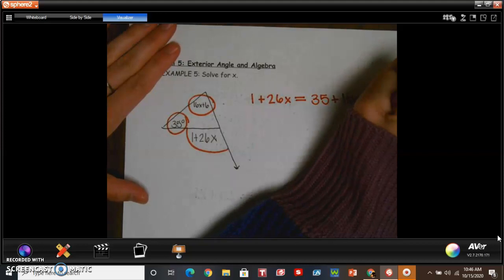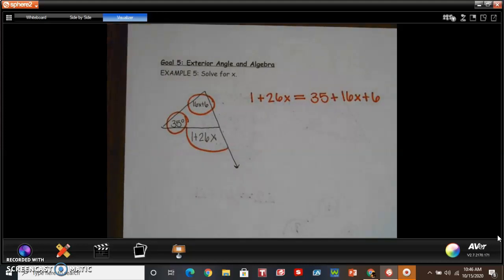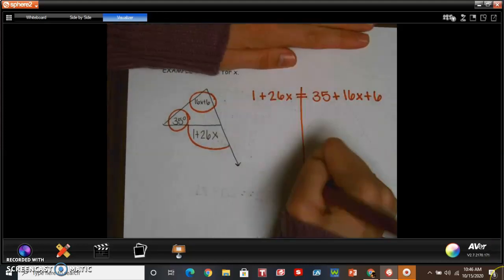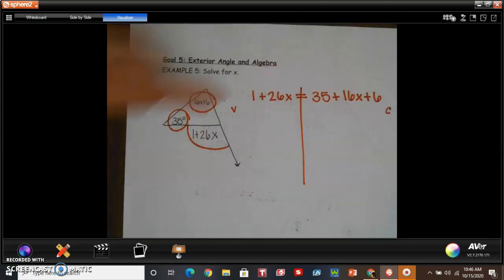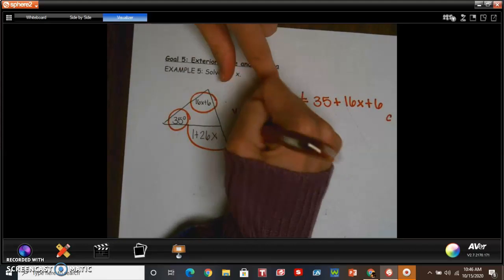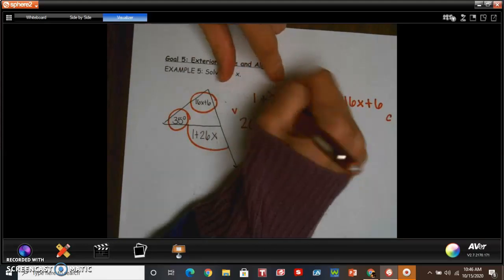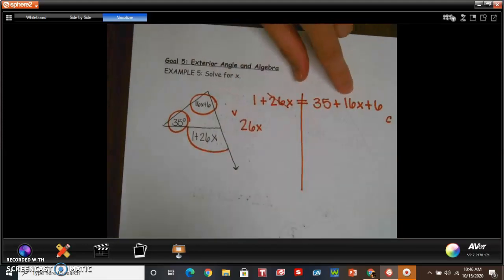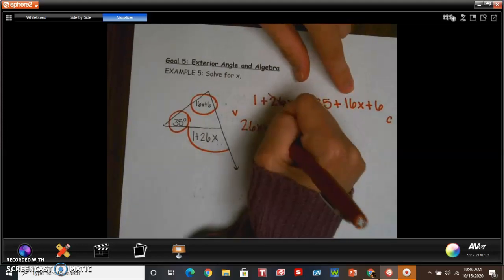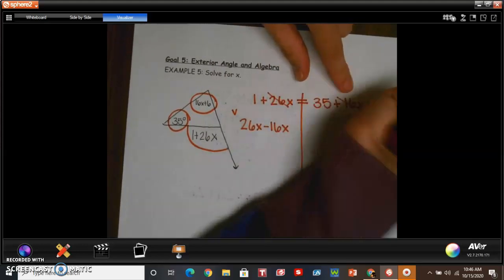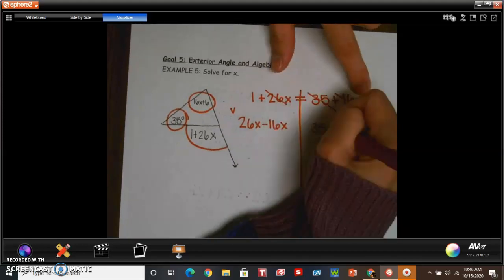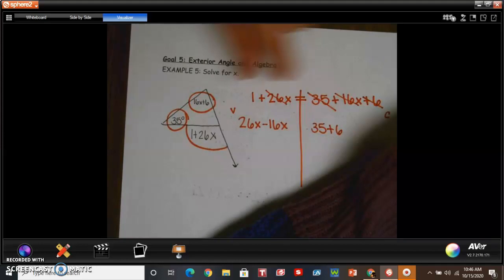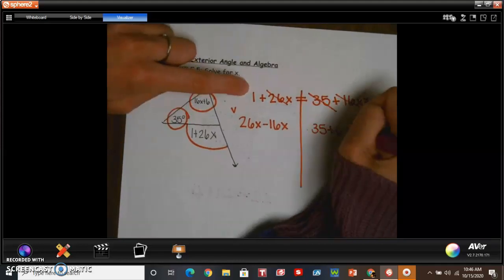All right, when I see problems like this is where I like to draw my line and do my variables and constants. Okay, so my variables, so I have a 26x and I have a positive 16x, but I got to move it over here, so now it turns opposite. All right, my constants, I have a 35 already over here, plus 6 already over here, but I have this 1 I need to move over, so minus 1.